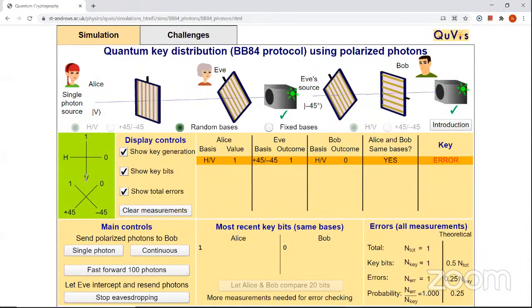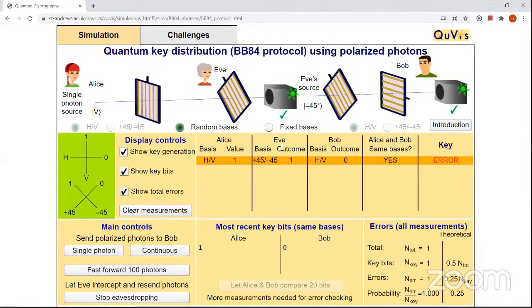So suppose I receive this kind of photon, minus 45 photon. So if Eve is in between and measures in the wrong basis, and she receives this minus 45 polarized photon, what Eve will understand is that she received one.